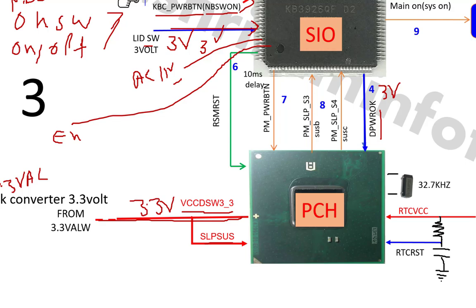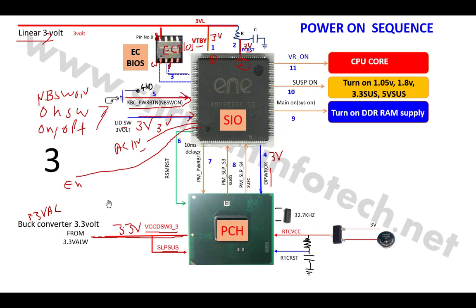Okay, so you will get a 3 volt, and after that SIO will generate the next signal, and that signal is called RSMRST. RSMRST signal will become a 3 volt. Once you press the power button, that RSMRST signal will be generated by the SIO. Before the power button, that RSMRST signal is 0 volt.